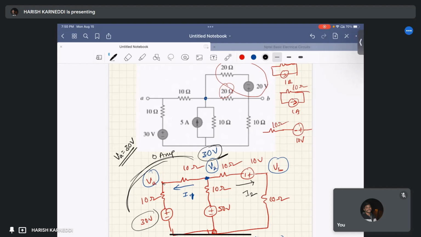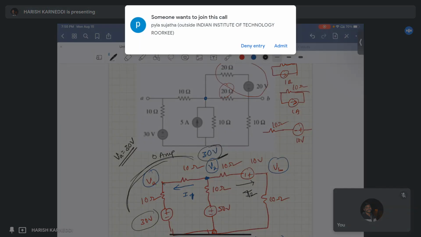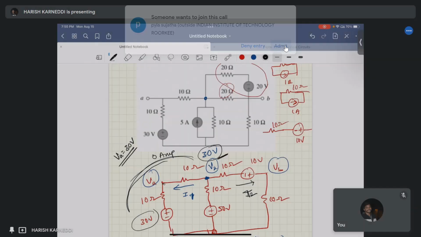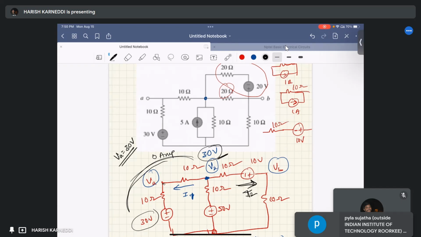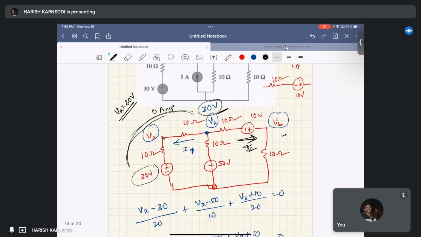And consider this current as I2. My I2 is flowing towards this direction. That I2 equal to Vx plus 10 by 20. That my Vx is 30, plus 10 by 20, that equal to 40 by 20, 2 amperes.